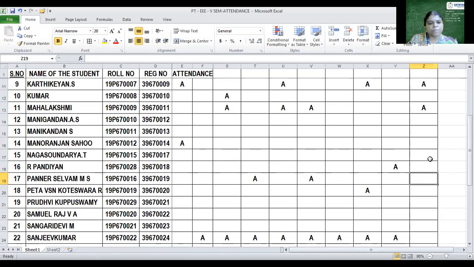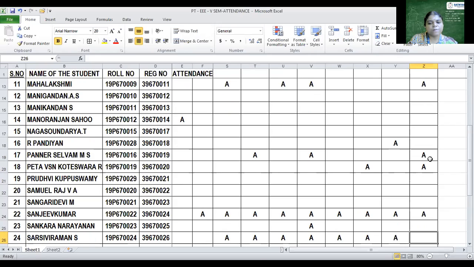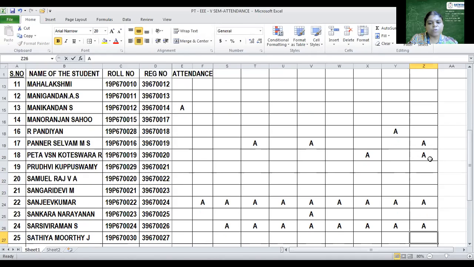Paneerselvam, Koteswara Rao, Yes, madam. Samuel Raj, Yes, madam. Sangari Devi, Present, ma'am. Sanjeev Kumar, Sankaranarayanan, yes, ma'am. Sir C.V. Raman, Satyamurthy. Madam, Satyamurthy sir's mic problem like that, he messaged me, madam.